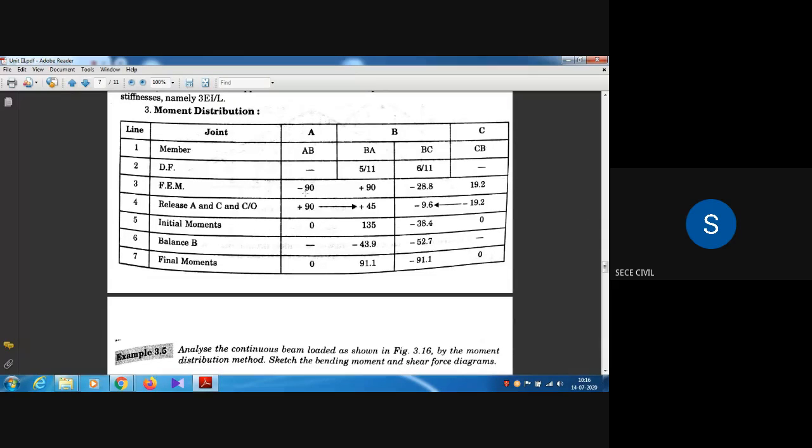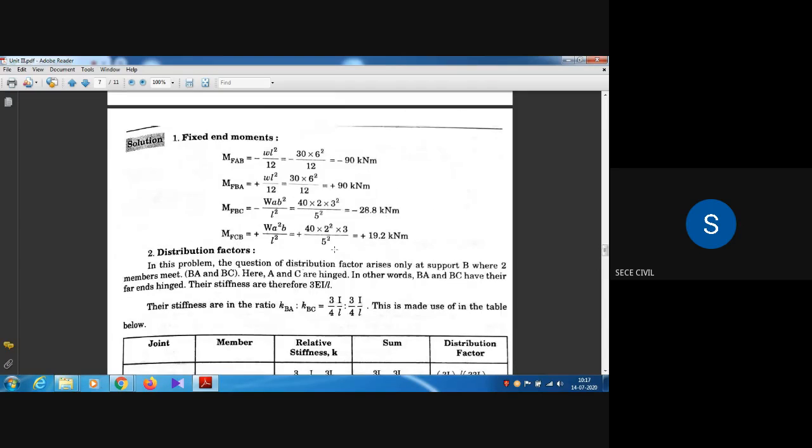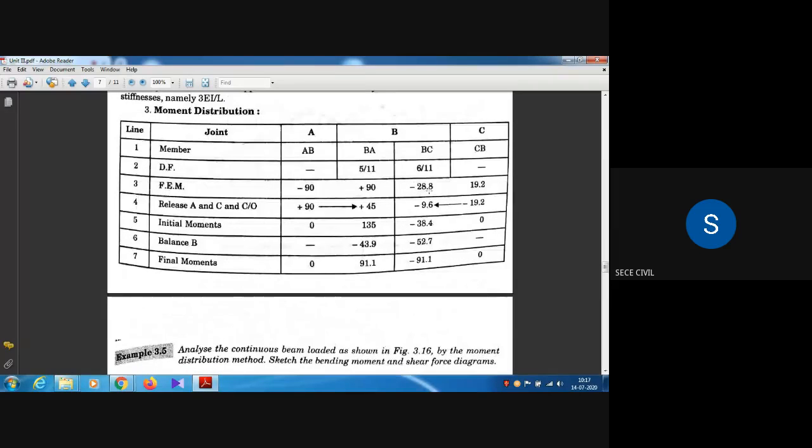We have to use these symbols, positive or negative, correctly. Then for member BC the moment is minus 28.8, and for member CB plus 19.2.